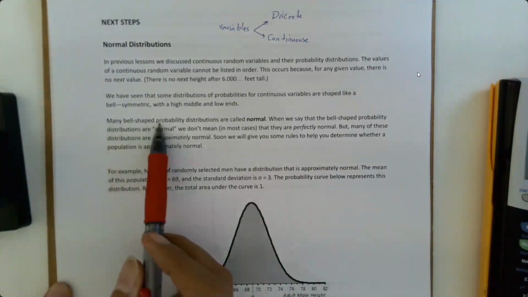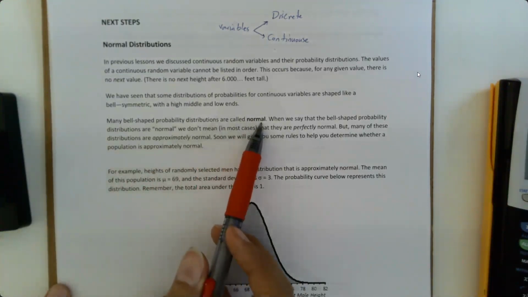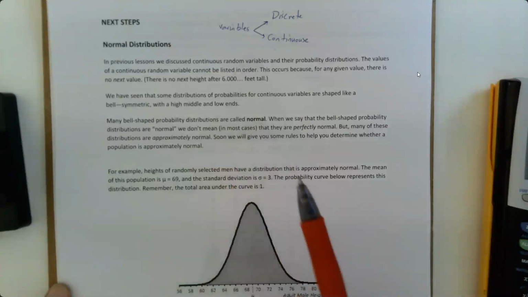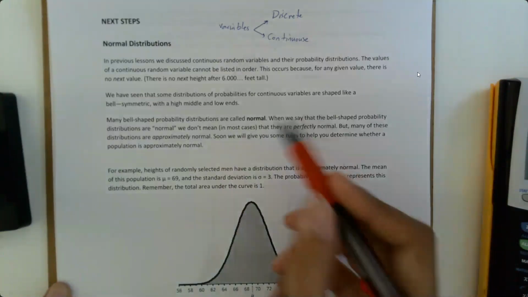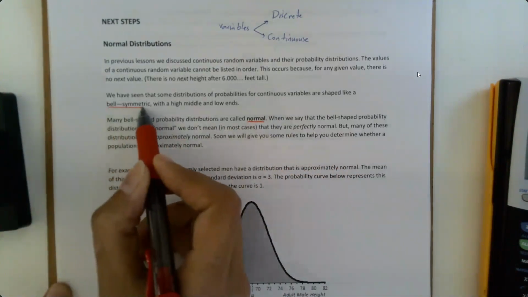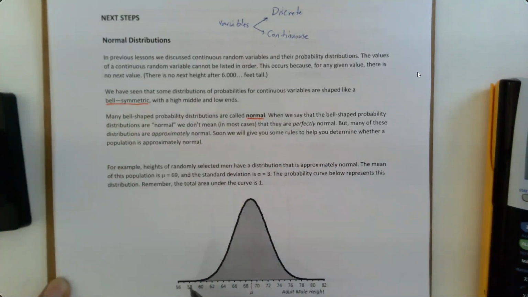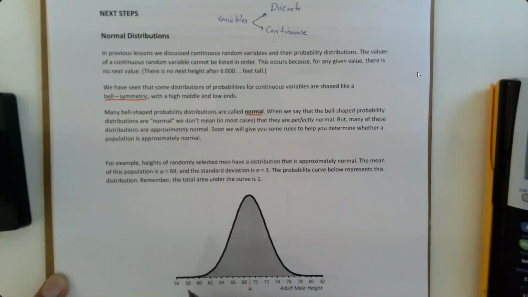Many bell-shaped probability distributions are called normal, like shoe sizes, height, weight. So normal, bell-shaped, symmetric.